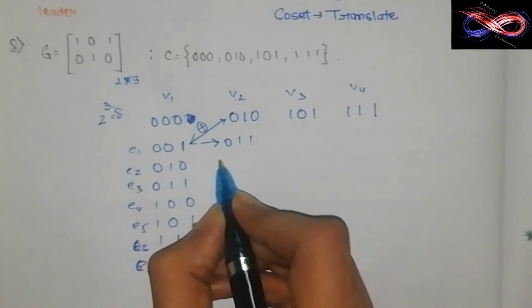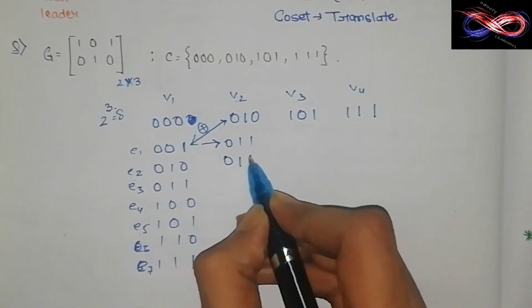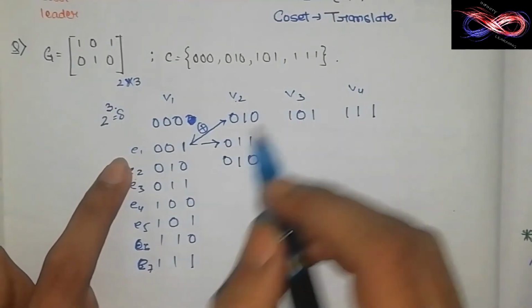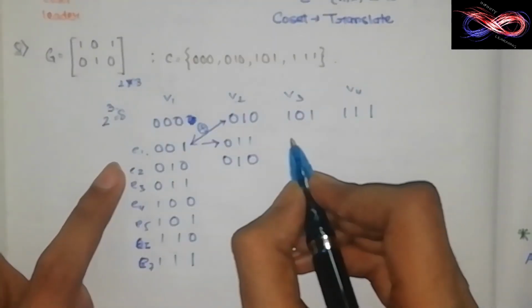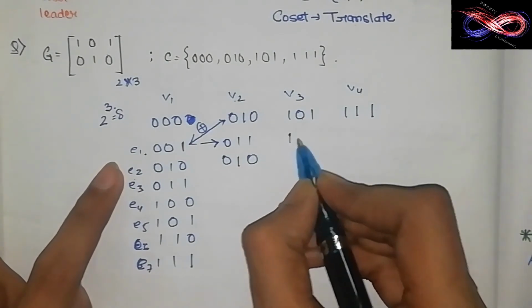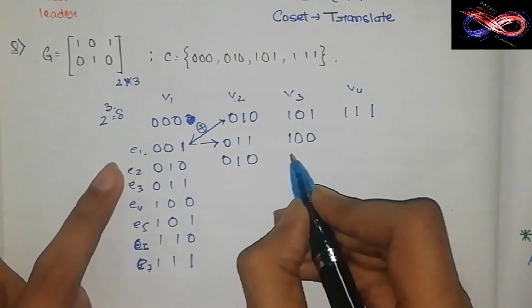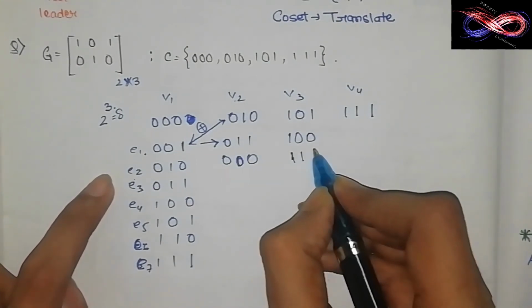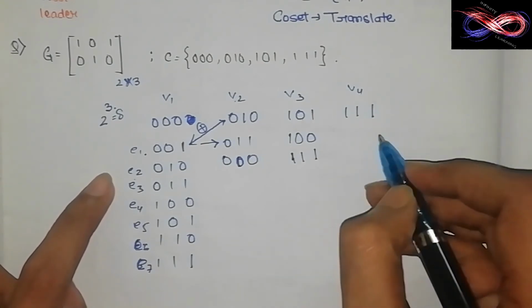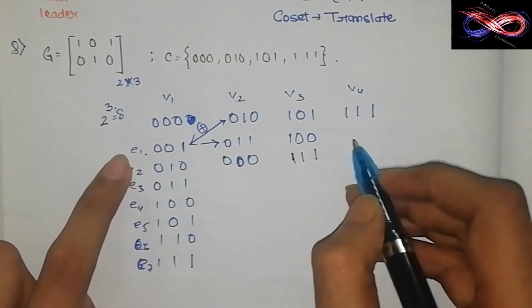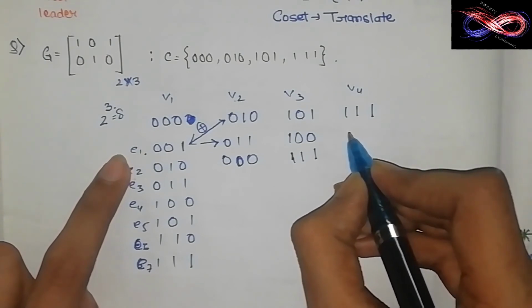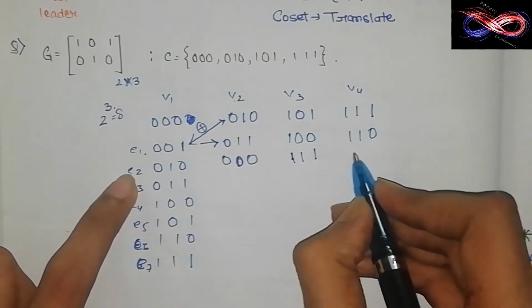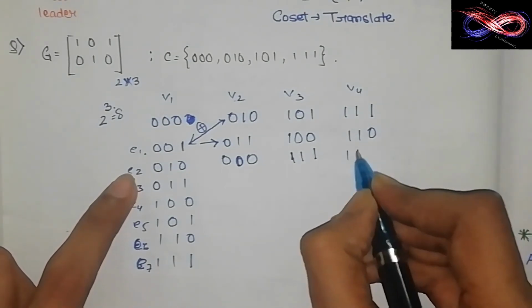So this will be 0 1 0. For the third column, this will be v3 XOR e1. So this will be 1 0 0, and this will be 1 1 1. For the v4 column, the next element will be v4 plus e1. So this will be 1 1 0, and next will be v4 plus e2. So this will be 1 0 1.